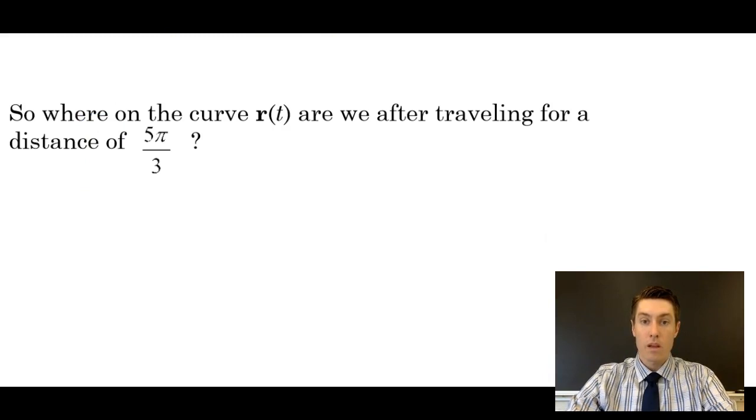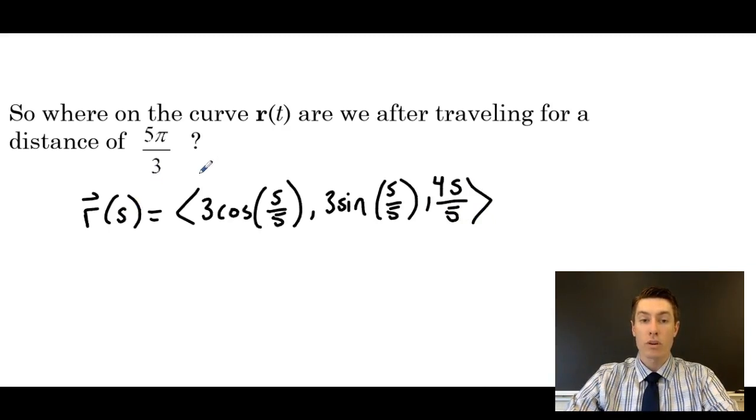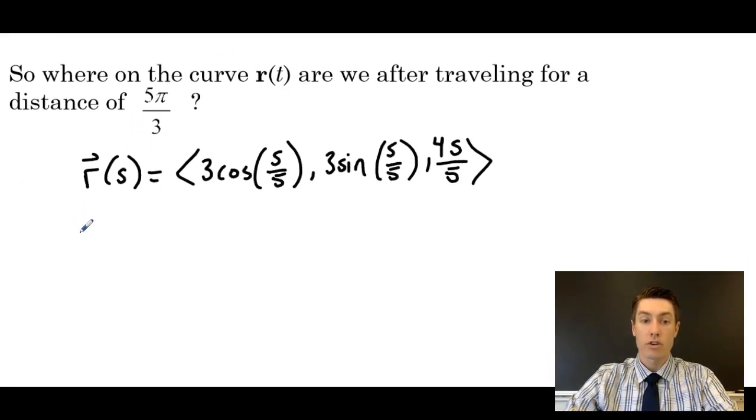So the vector valued function r of s is 3 cosine of s over 5, 3 sine of s over 5, and 4s over 5. Okay, so now, instead of having to go through all this work to find the time when you're 5 pi over 3 along the curve, we can just plug the distance directly into the vector valued function.